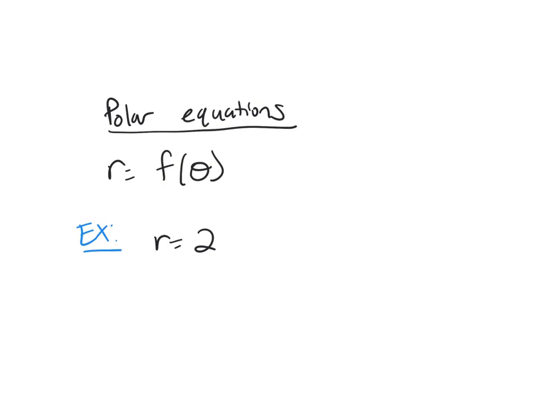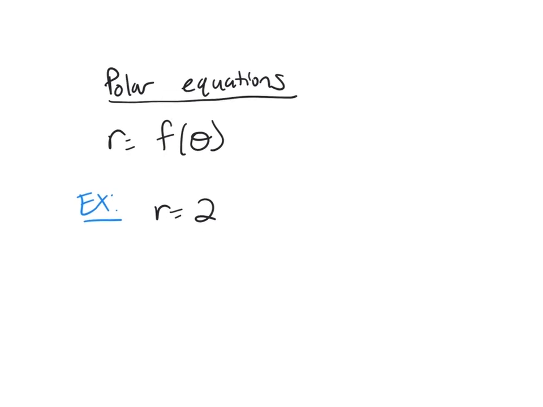So let's think about what this equation means. If you notice, there's no theta, so the only restriction is that the points on your graph have to have a distance of 2 from the origin.